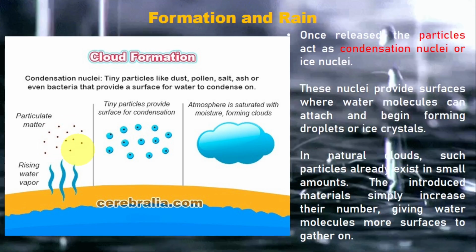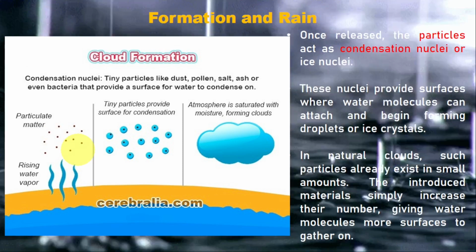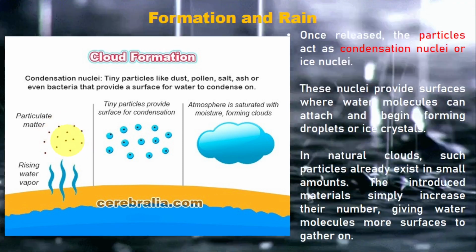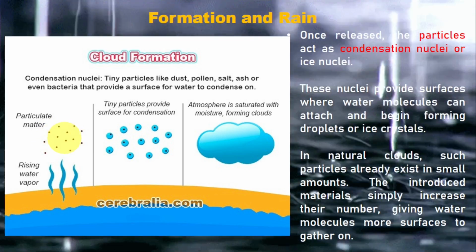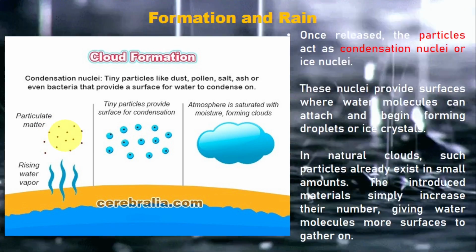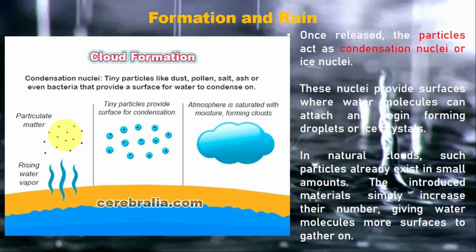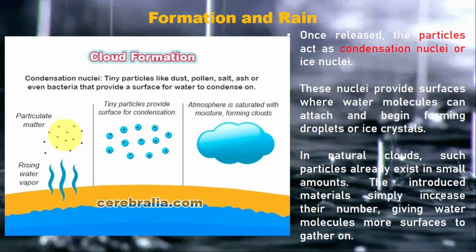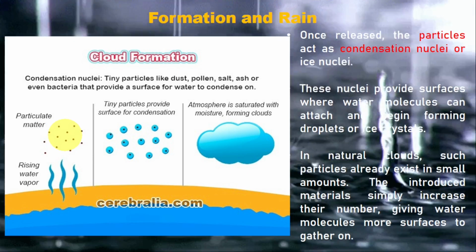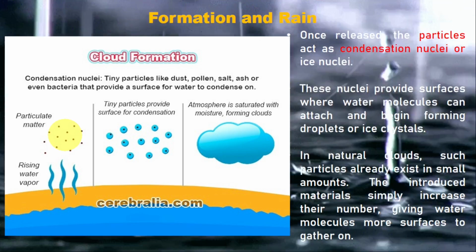They introduce these cloud seeding materials to increase these particles, because naturally these particles are not in the atmosphere. So they add more materials to enhance the process, to provide more surfaces for the steam to form.